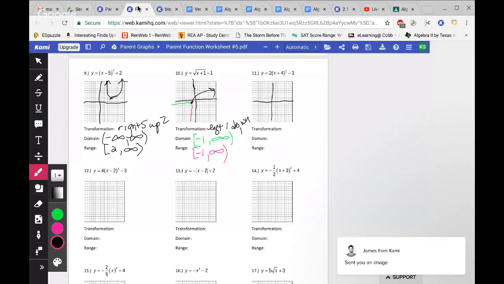Okay, sorry about that. Are you there? Yeah. Okay. What are our transformations for number 11? Closer to y, left 4, down 3. Yay! That's it. Closer to y, left 4, down 3, and this is a quadratic, and skinnier. Okay. So what's our domain?